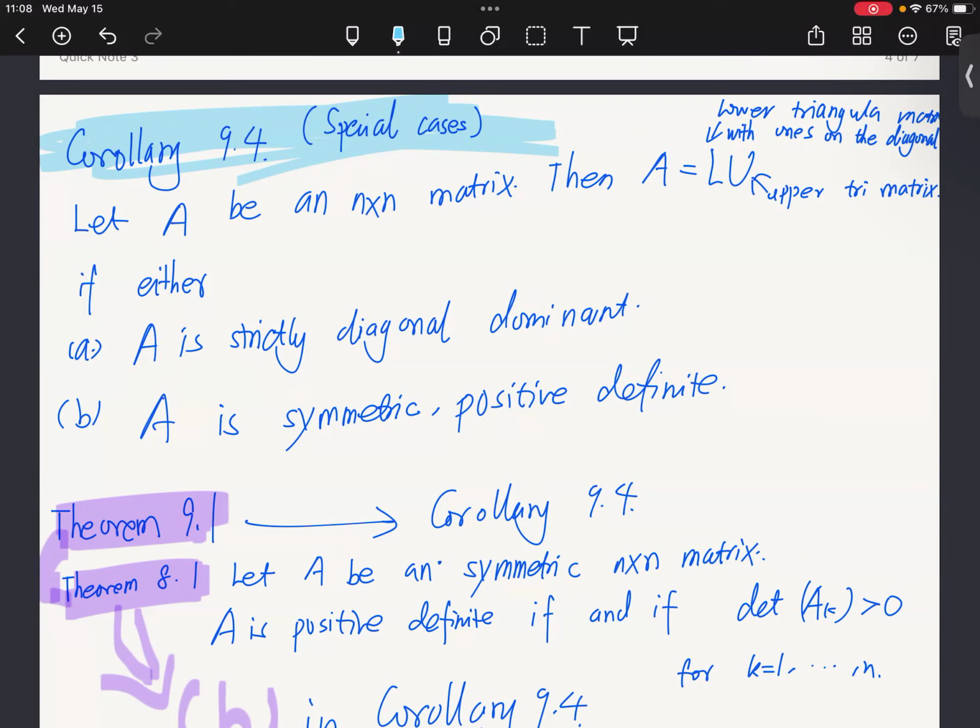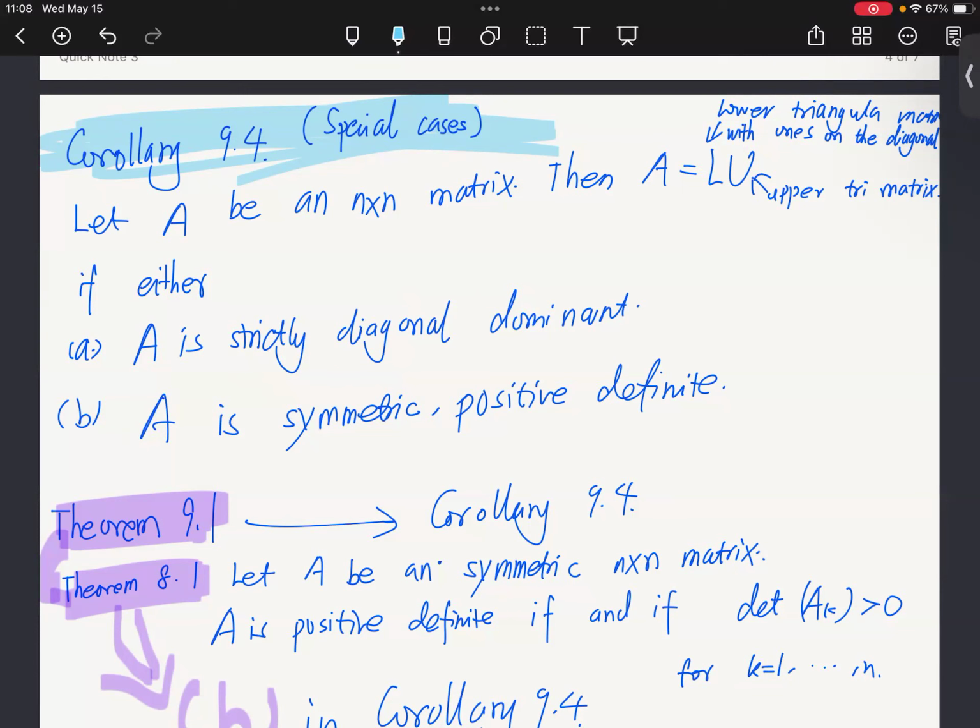And I have also mentioned how to combine the theorem and some other knowledge to derive the corollary result here. This is quite interesting, combining different theorems to get the corollary. This is what math papers usually do, so that you have a simple version to check whether a matrix satisfies the condition, and then we can have the LU factorization.